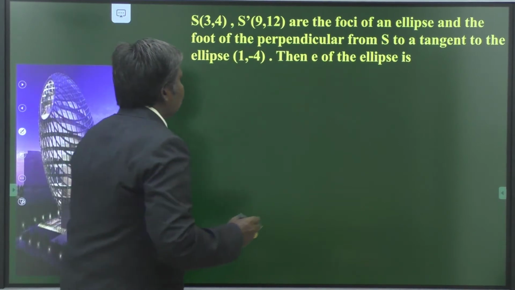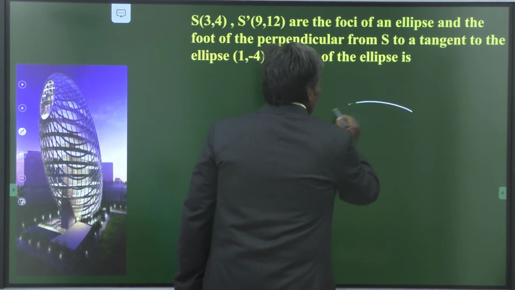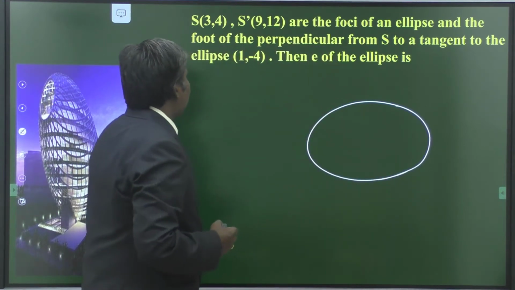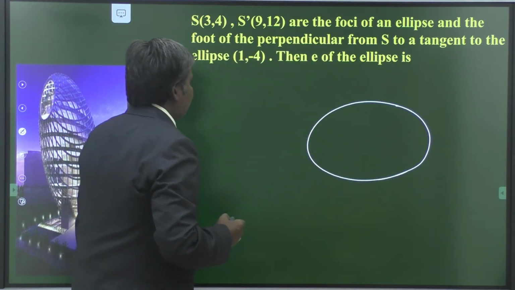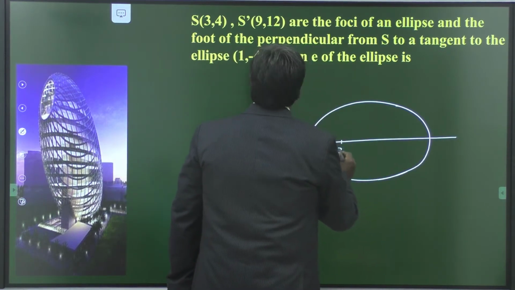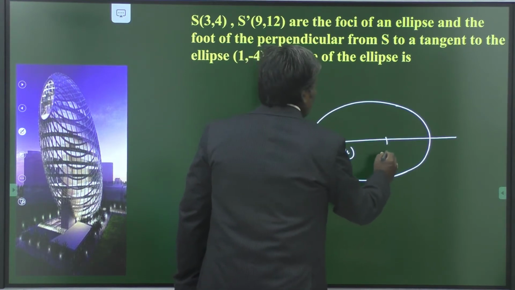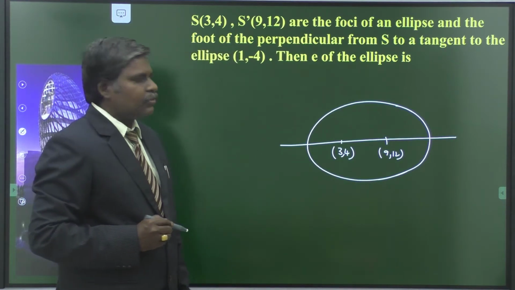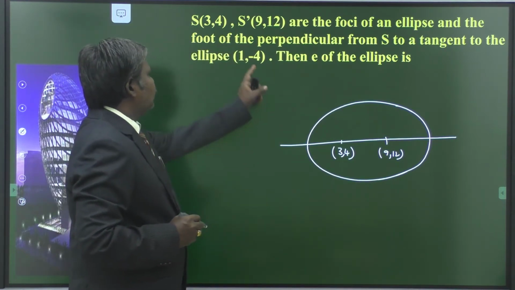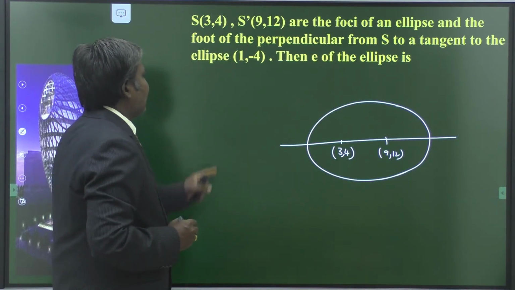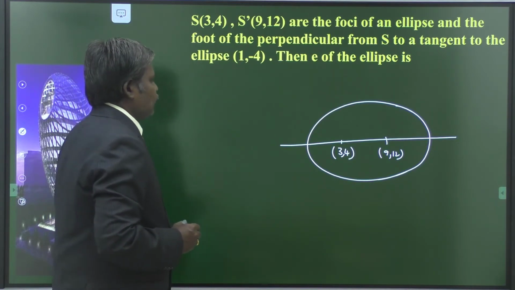Now, suppose this is the ellipse. Its foci are given to you: (3, 4) and (9, 12). These are the foci, (3, 4) is one focus and (9, 12) is the other focus. It is a rough diagram for you. And the foot of perpendicular drawn from a focus to any tangent is (1, -4).